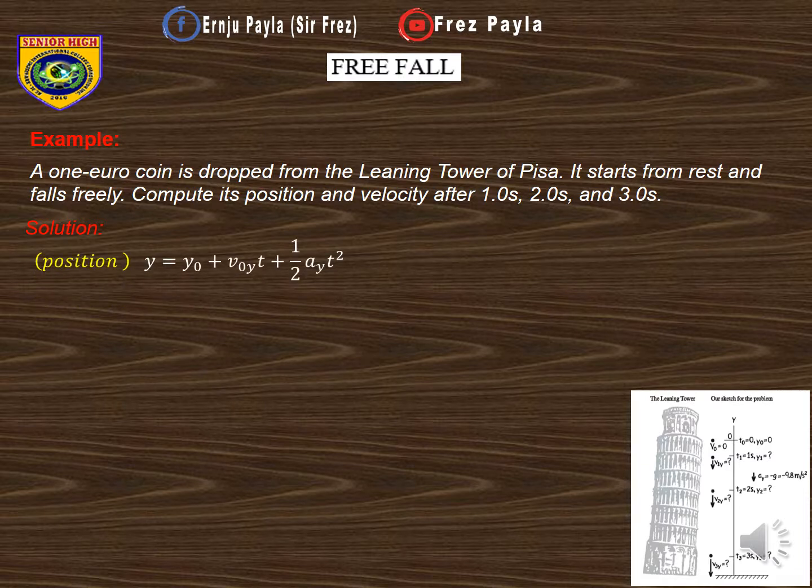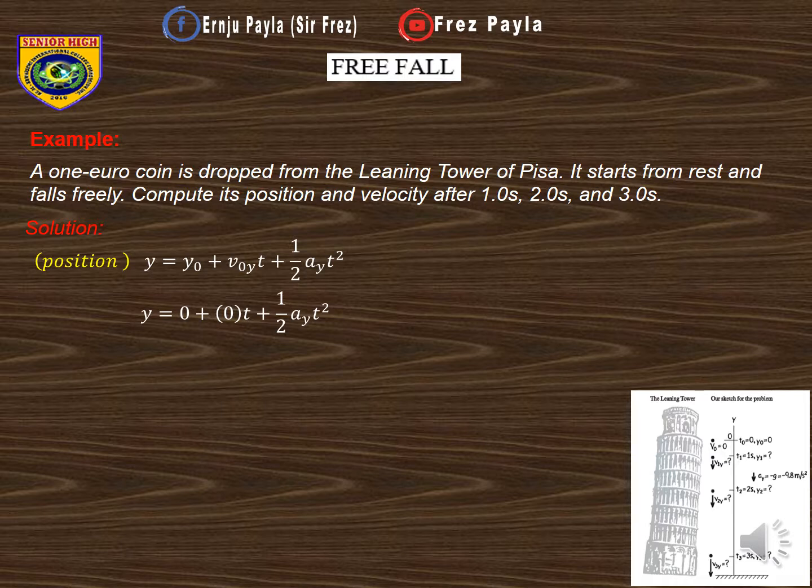For the position, we use this formula: y equals y sub o plus v sub o y times t plus 1/2 a sub y times t squared. We have no y sub o, so its value is 0. Our v sub o is also 0.